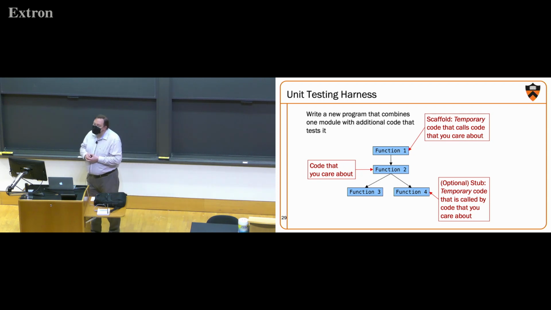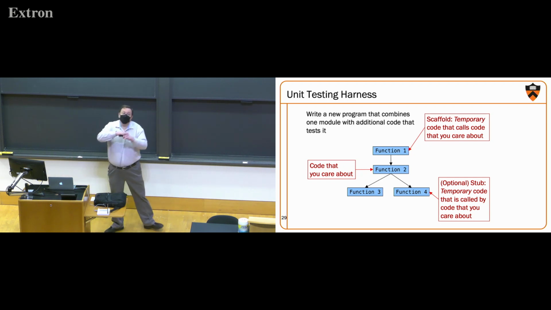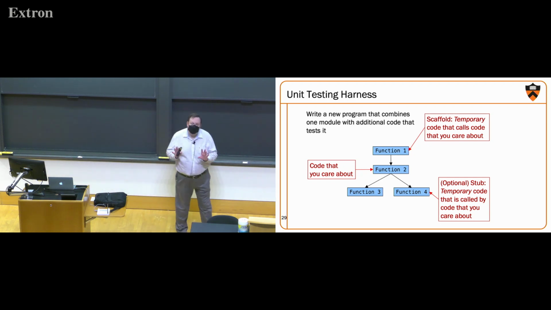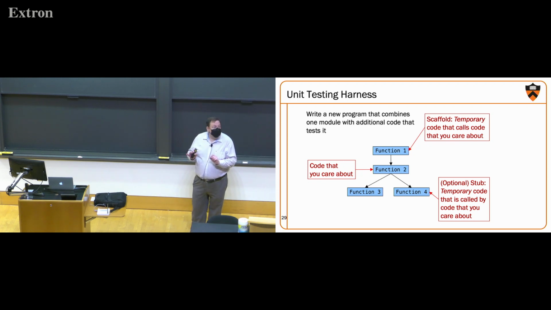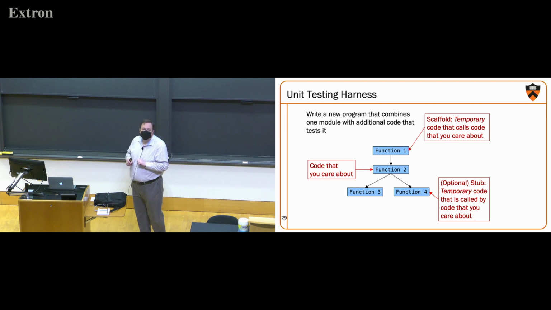So let's say that you have some module embedded in your program that you care about testing really, really thoroughly. Let's say that it's this function 2 thing. Now, in a large program, things get a little complicated because that module might depend on certain submodules, and during coding, you may not have written those submodules yet.